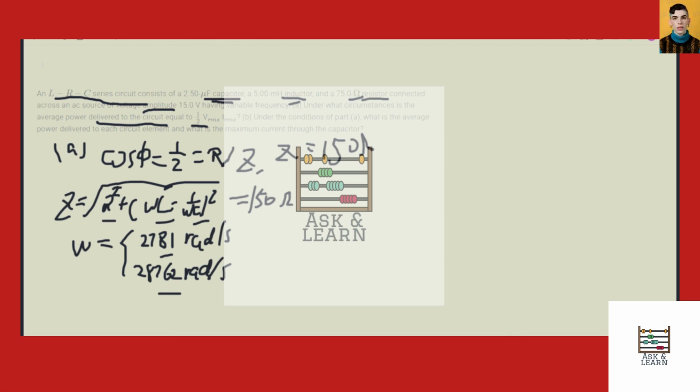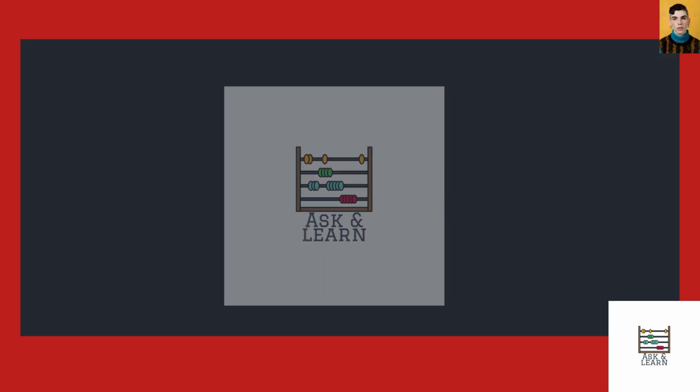But of course, there are differences between these two circumstances. For the first one, we can see that the reactance of C is greater than the reactance of L. In that case, the phase angle for this problem should be equal to negative 60 degrees.